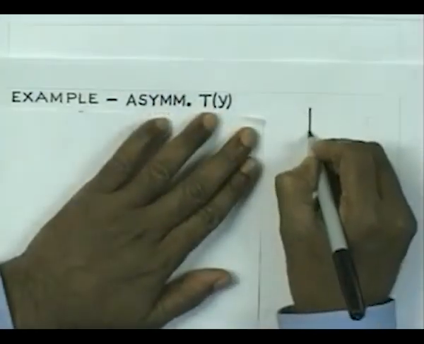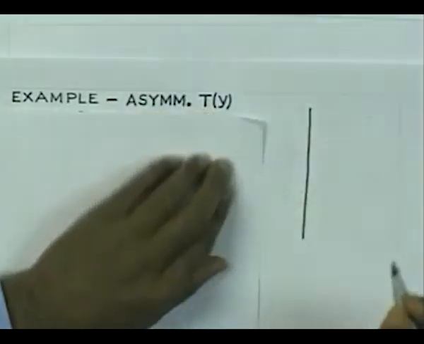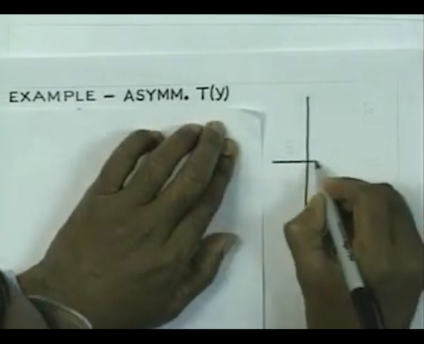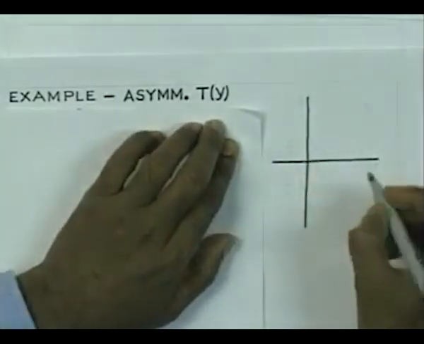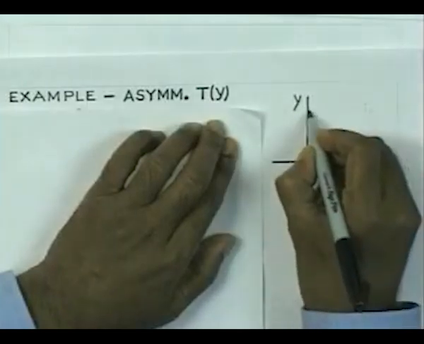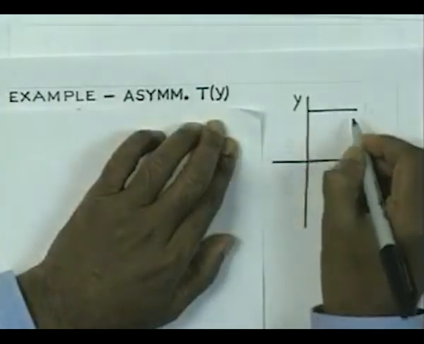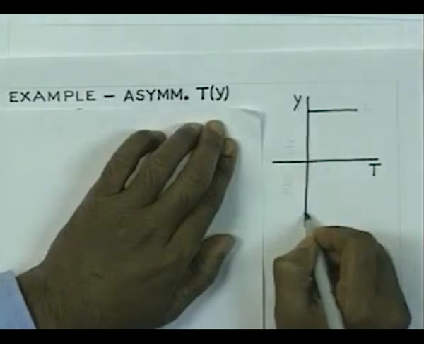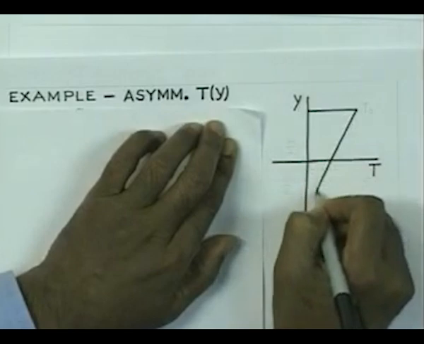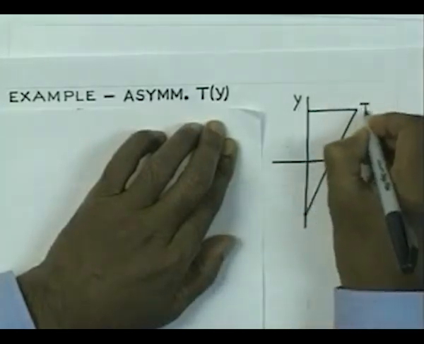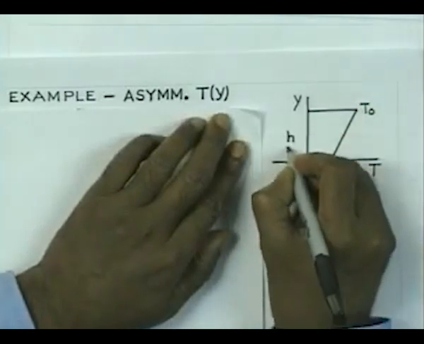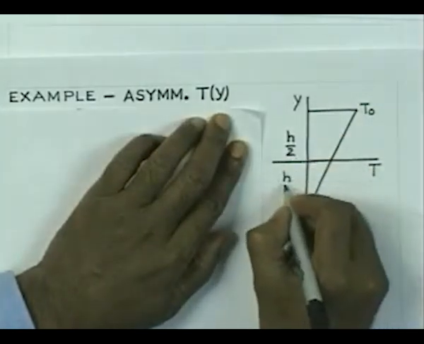So, we plot the temperature here, and the y axis is this direction, and let us say that this is the maximum temperature there, on the other side this is the temperature T0 here, and we have the height h by 2, h by 2.